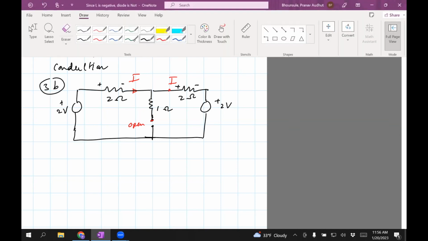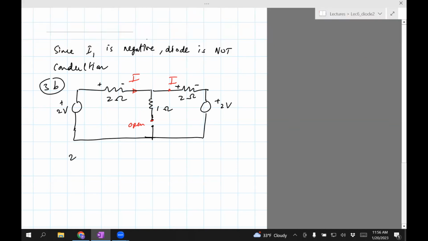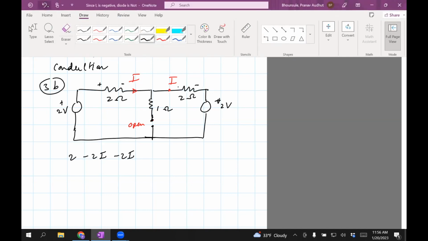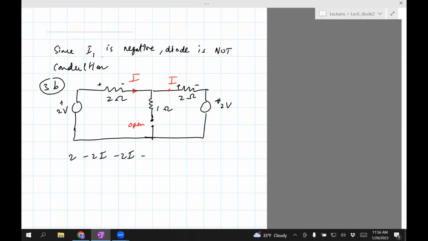And so we can write down now: this 2 is connected to the positive, so this would be minus 2I, and this positive has the same sign as this positive, so it'll be minus 2 also. This 2 is from here, this 2 is from there.